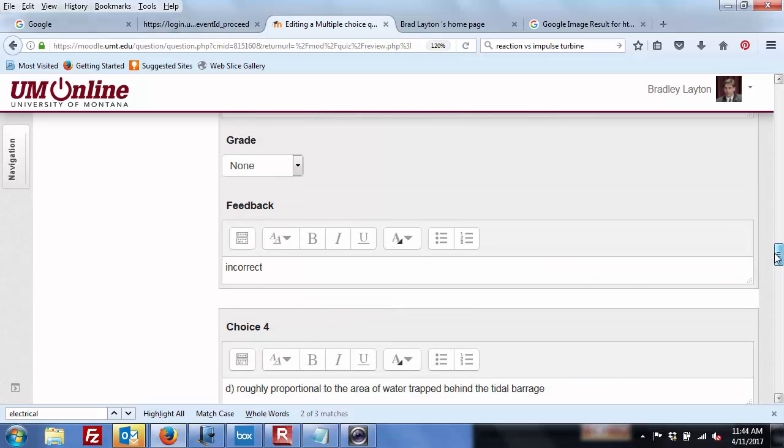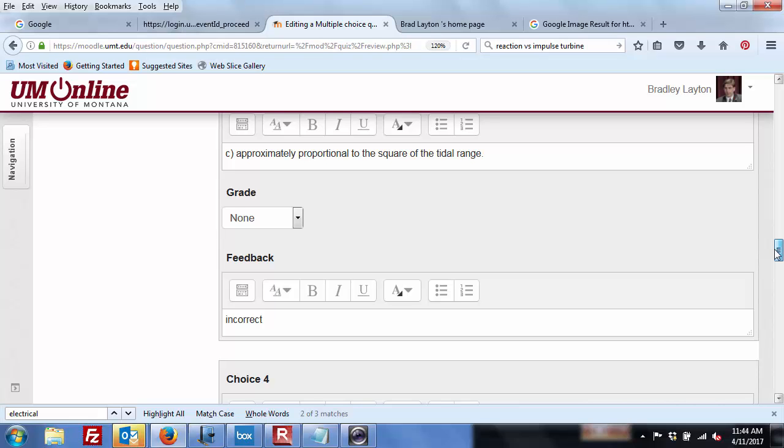Well, and then what's C? Proportional to the square of the tidal range. Oh, I see. Square of the tidal range. I'll have to come back to that one. I don't have that one off the top of my head.